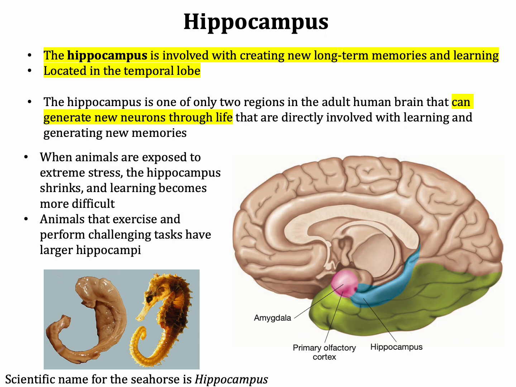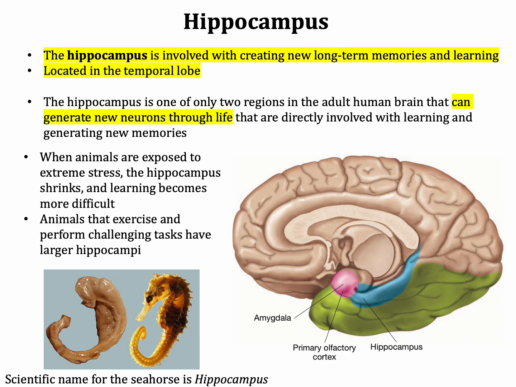Through research, it's been discovered that animals exposed to extreme stress experience shrinkage of the hippocampus, which makes learning really challenging. So what people are dealing with in their emotional life, how their upbringing has been, their social interactions, any stress applied to them can directly impact their ability to learn.